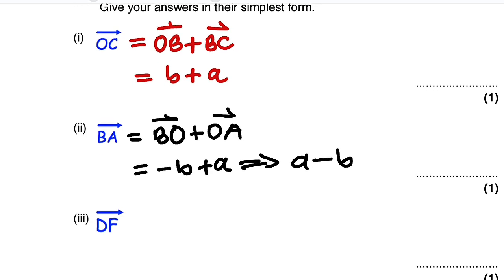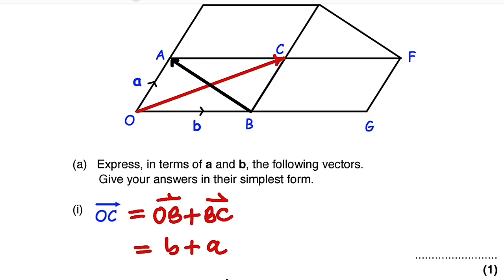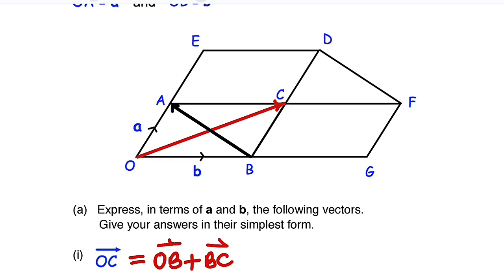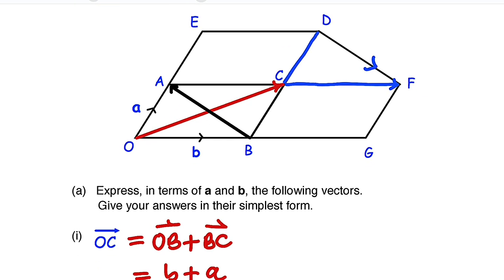Then what about DF? All right, DF, we are talking about this vector here. To find DF, since DF is unknown, you can follow this track from D to C, then from C to F, right? So it is going to be DC plus CF.